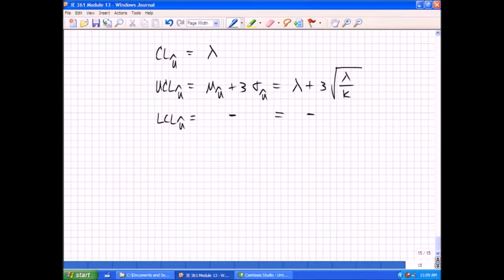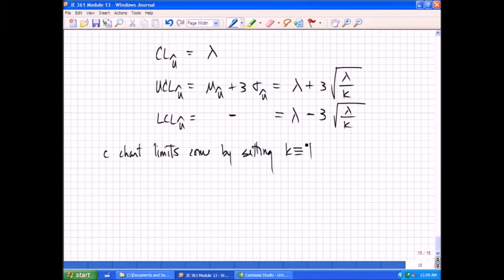That is lambda minus 3 square roots of lambda over k. C chart limits come simply by setting k always equal to 1 in those calculations. So they're simply lambda plus or minus 3 square roots of lambda.